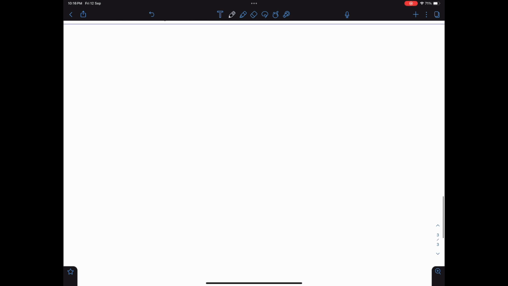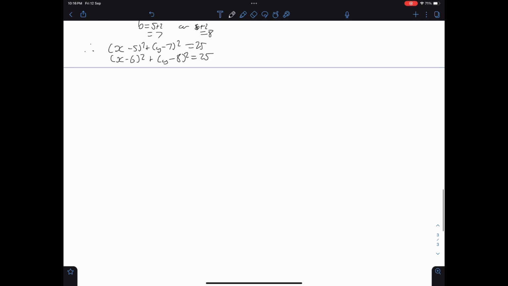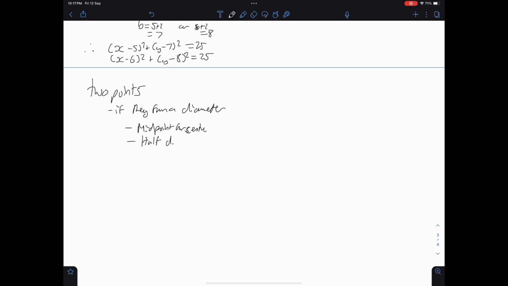Now, using this kind of theory, you can also get the equation from 2 points. If it's a diameter, it's easy. You would just go midpoint for centre, half distance for radius.